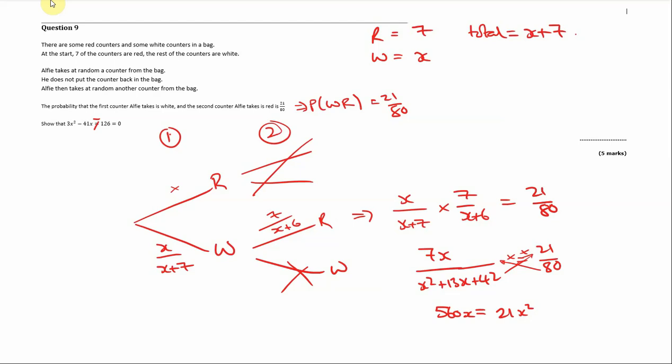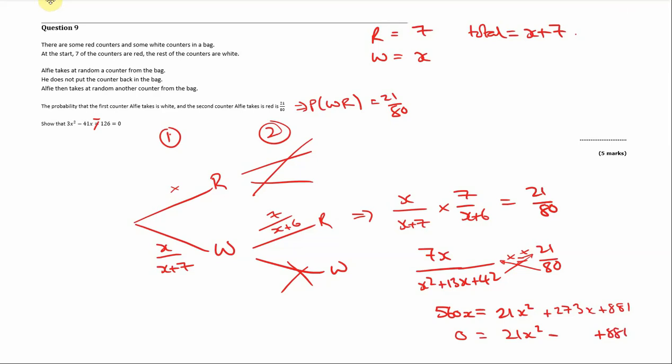Already looking at where I want to finish, I feel like I'm going to be dividing by 7 in a little bit. 21 times 13, which is 273, and then 42 times 21, which is 881. I am going to take away the 560x to the other side.